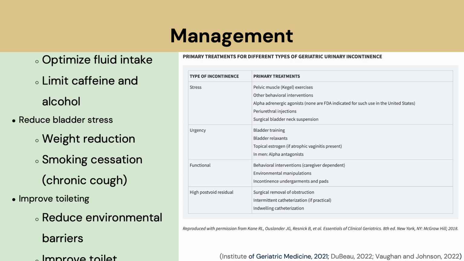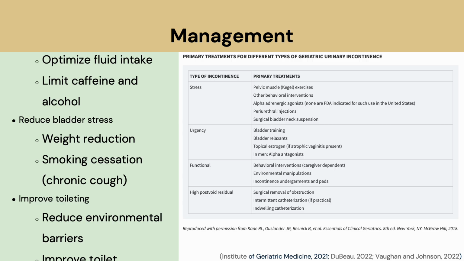After lifestyle modification, the next step is to choose treatment based on the type of UI. So look at the table. For stress UI, the first line is pelvic floor muscle training. If you remember, the mechanism of stress UI is the inadequacy of urethral closure.